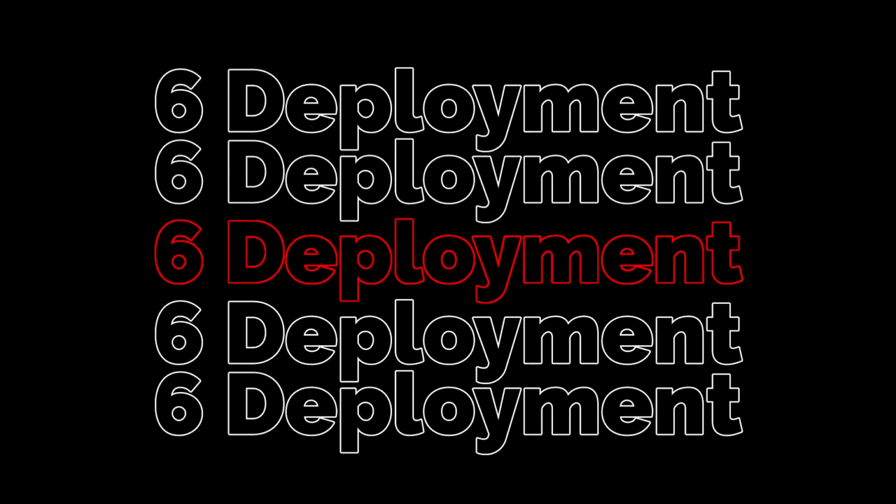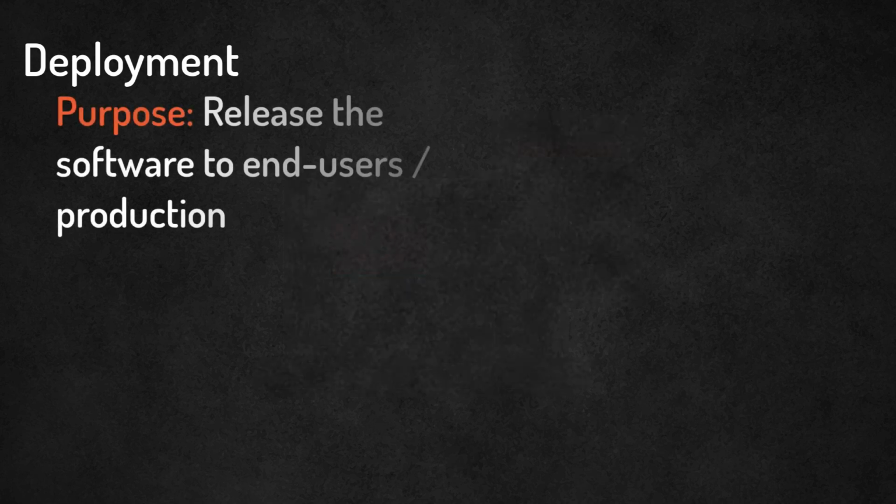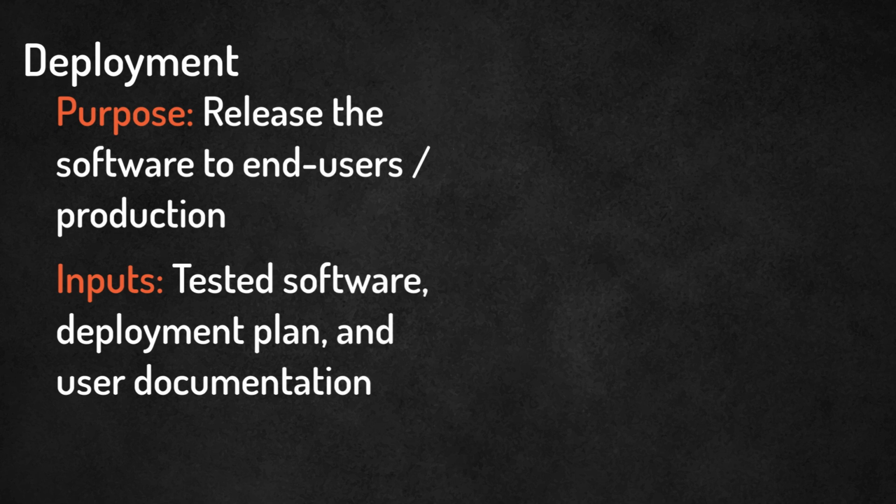And look at this, it is software release day. You are about to deploy your newborn piece of code. Congratulations! So this is the big day. The software is being released. And of course, the purpose is to release the software to the end users or into the production environment. The input is going to be your fully tested software, the deployment plan, and user documentation.